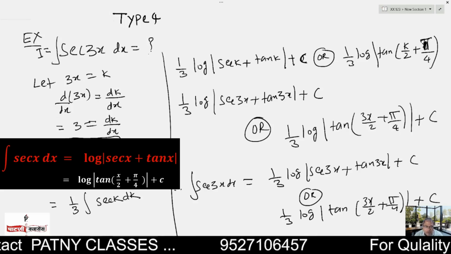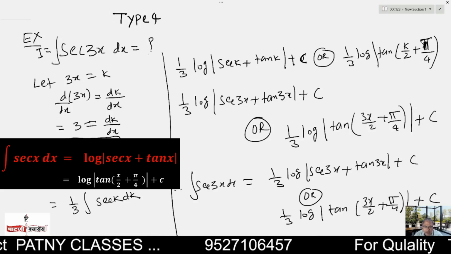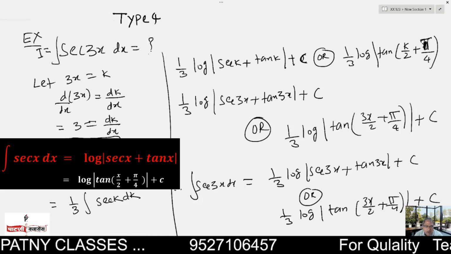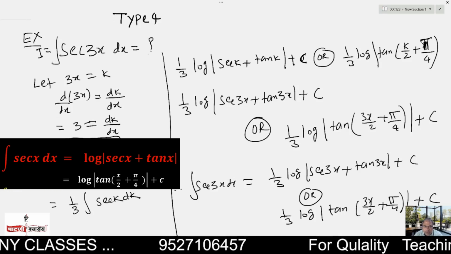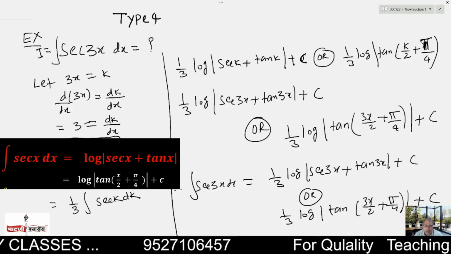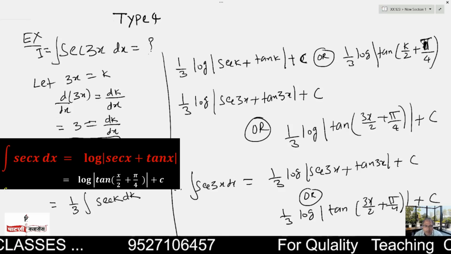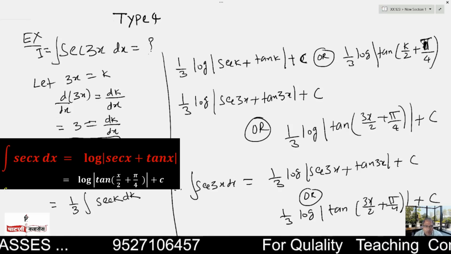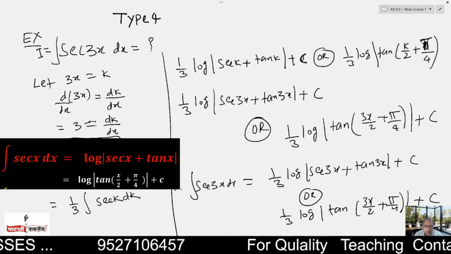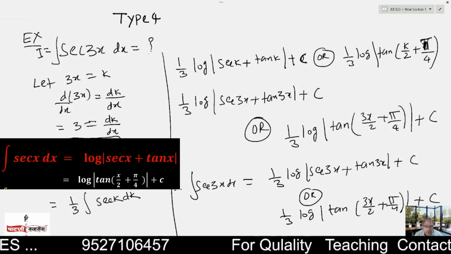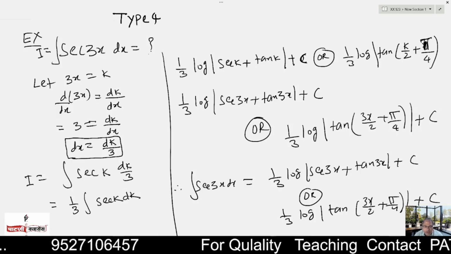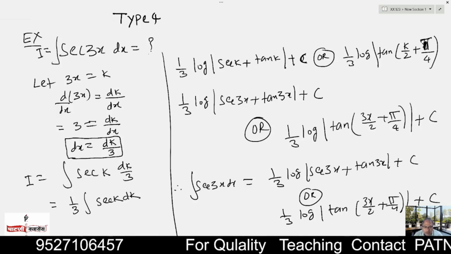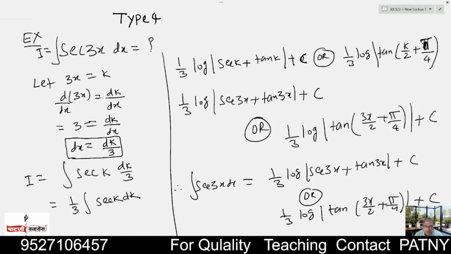Now we are using the formula, either of the two: integration of sec k equals 1 by 3 log of modulus of sec k plus tan k, or 1 by 3 log of modulus of tan of (k by 2 plus pi by 4). But k is equal to 3x, so putting back into the equation, we get the integration of sec 3x.